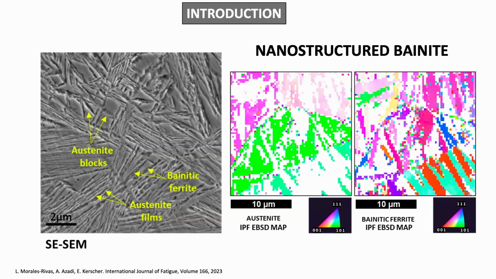Then I show here the crystallography of these microstructures with these two EBSD maps. Here we see the FCC, the austenite, and here we see what we index as iron BCC, which is bainitic ferrite.